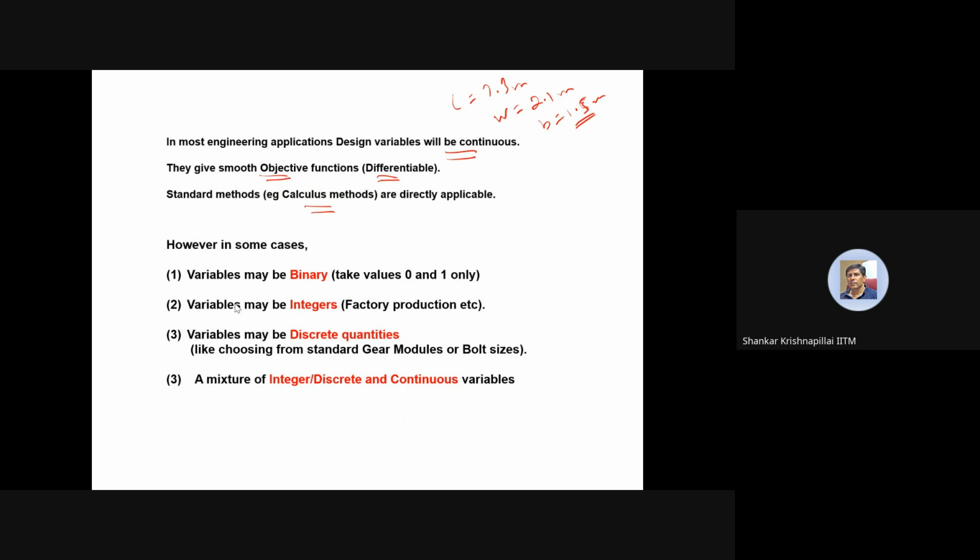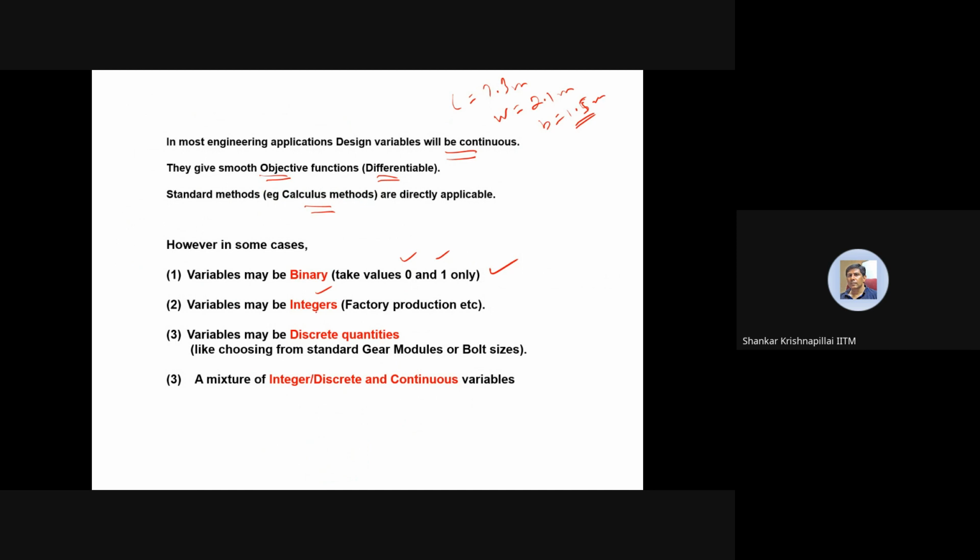However, in some cases, variables may be binary, so the variable x can take values of 0 and 1 only. The variables may be integers, like x may be the number of tables produced per week. So it can be only 1, 2, 3, 4, 5, 6, etc. It can't be 1.1 or 1.2.